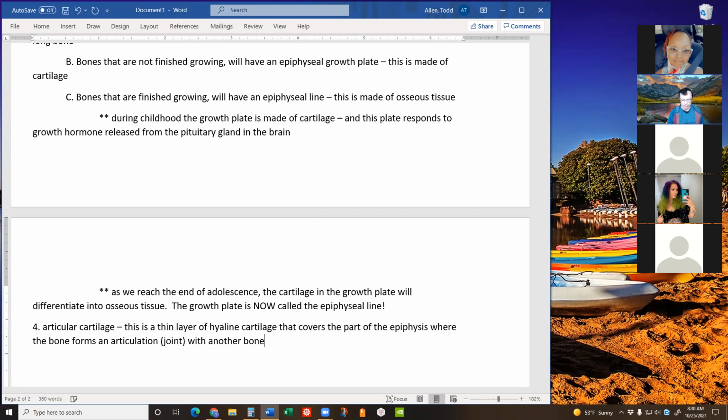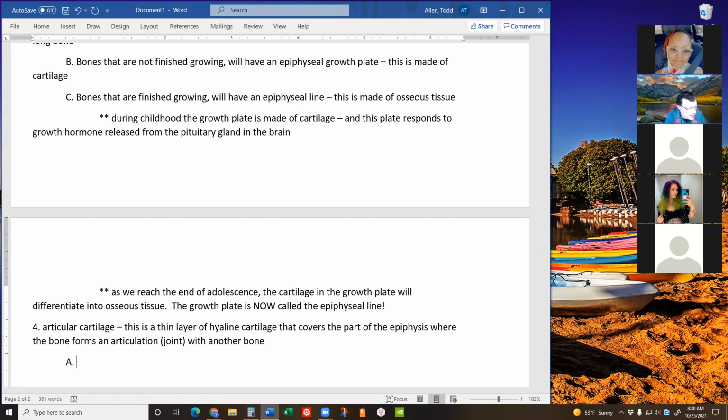with another bone. Okay. Now, there's something that I need to caution you with here, okay? So if you have the ability to bookmark figure 6.1, go ahead and do so. What I want to do is have you go back to chapter 4 for just a moment and take a look at something for me. And I'm going to give you a page number in just a second. Okay.